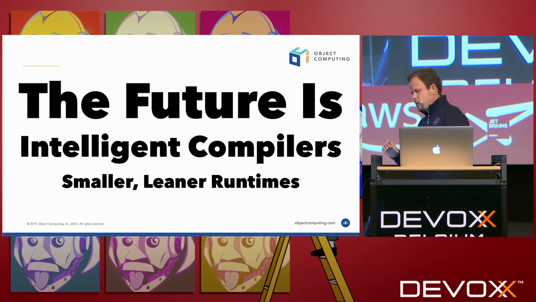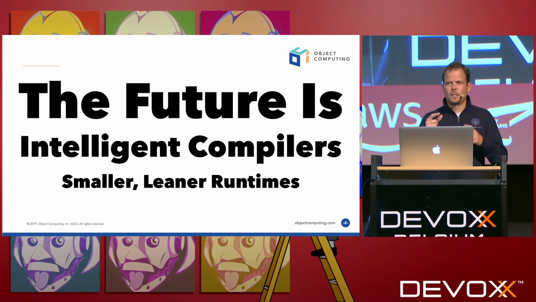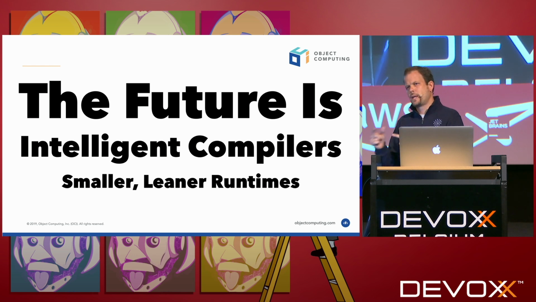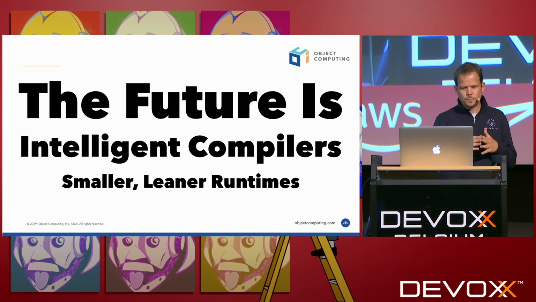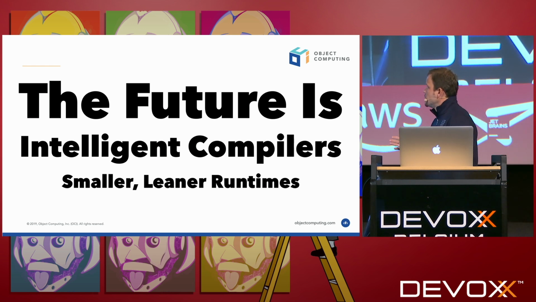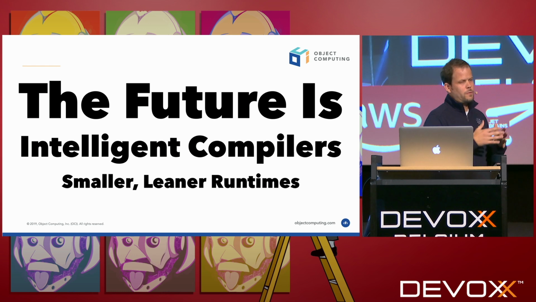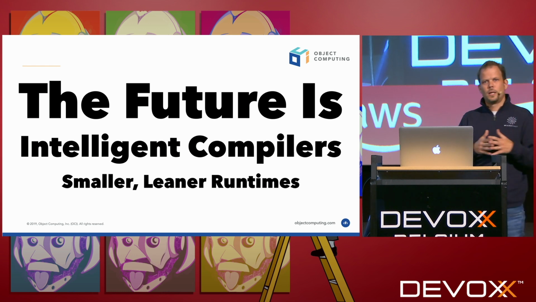So, I like to think about Micronaut as an intelligent compiler. And for me, the general industry trend and direction where things are going in the Java space at the moment, and this is not specific to Micronaut, is that the future is essentially more intelligent compilers and smaller, leaner, faster runtimes.